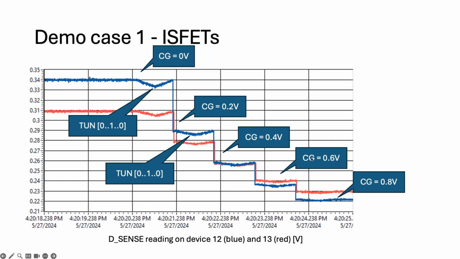And as you increase the CG voltage, the tunneling voltage has less and less effect. I'm not saying that this measurement is meaningful, but at least it shows that the two devices could be tested simultaneously, and it works as expected.